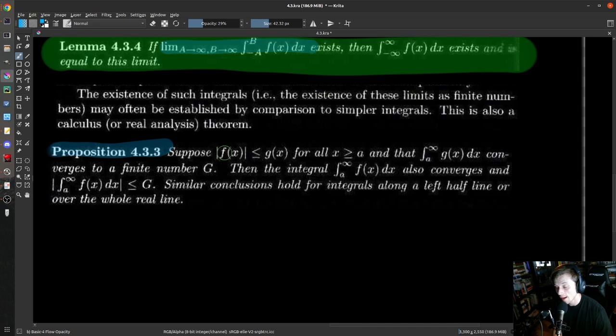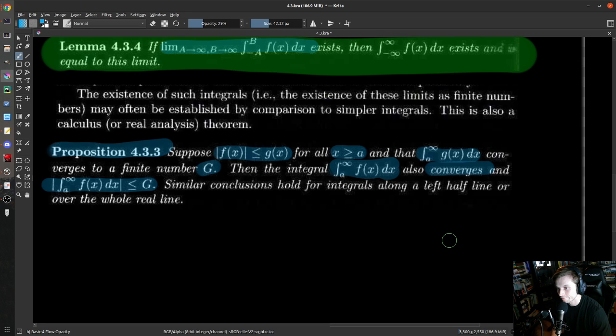So suppose that f of x in absolute value, not modulus, because we're back on the real line, is less than or equal to g of x for all x greater than or equal to some value a, and that the improper definite integral from a to infinity of g of x dx converges to a finite number, big G. That is, it exists and it equals G. Then the integral of f of x from a to infinity dx, this improper definite integral, also converges and in absolute value is less than or equal to G.